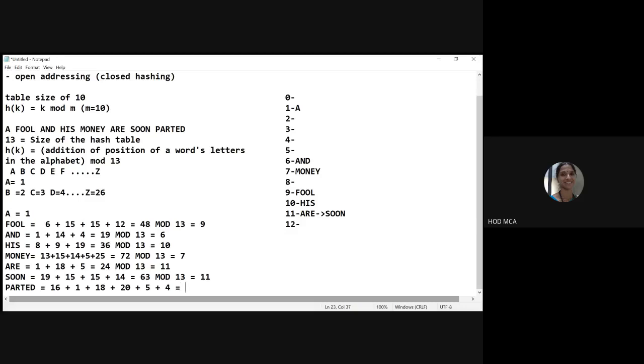So 16 plus 1 plus 18 plus 20 plus 5 plus 4 comes to 64. 64 mod 13 is 12. So in the 12th location, you are going to store parted.